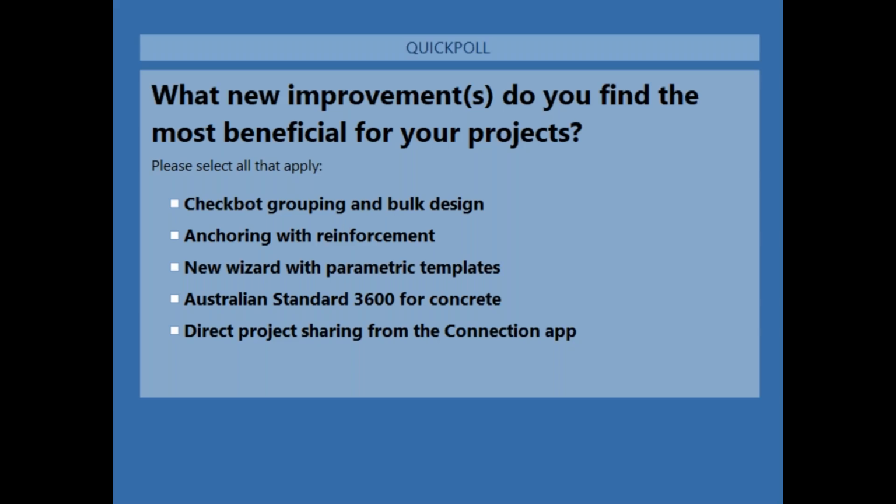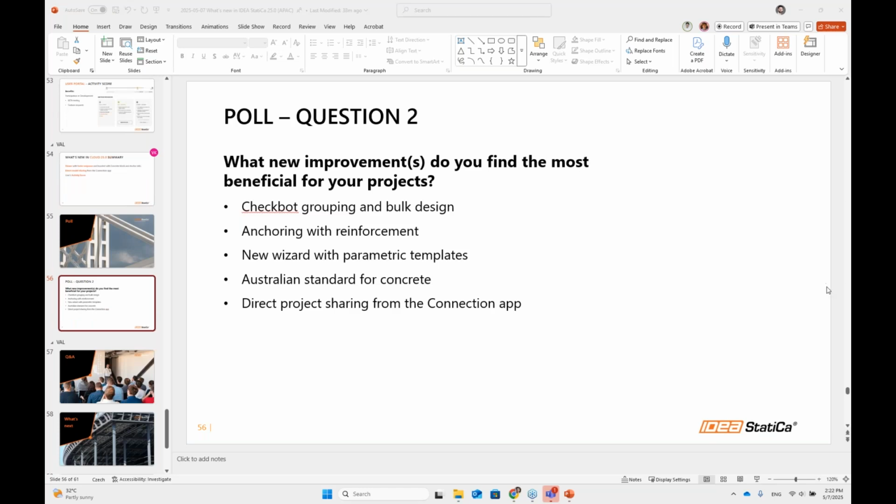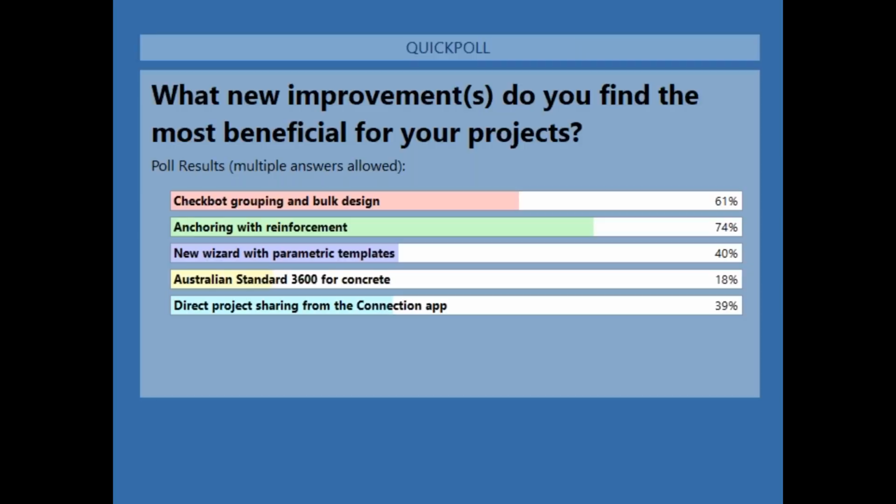All right, so I'm closing the poll right now, and let me share the results. So very good, 61% Checkbot, 74% anchoring, even viewer. That's very good, guys. Almost 40% of people see a big benefit in the viewer, and also the new wizard for 40%, 18% Austrian standard.